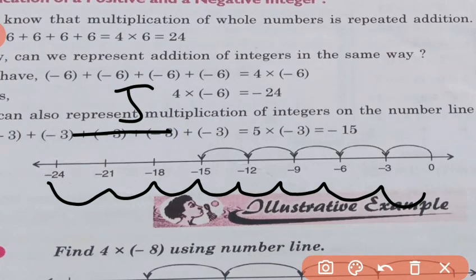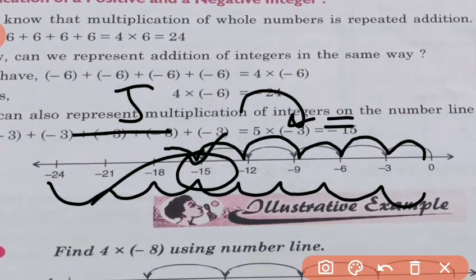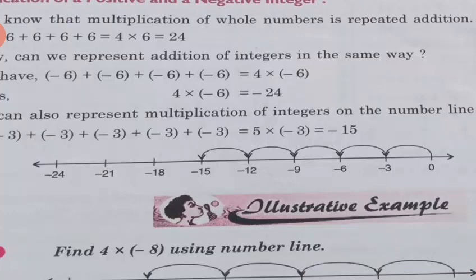So we'll take the difference of minus 3, 5 times from 0. So 0 to minus 3 is 1, then 2, 3, 4, 5. You can see that if you multiply it 5 times, we get the answer minus 15, which we got after multiplication also. So this is the way by which we can represent integers on the number line.